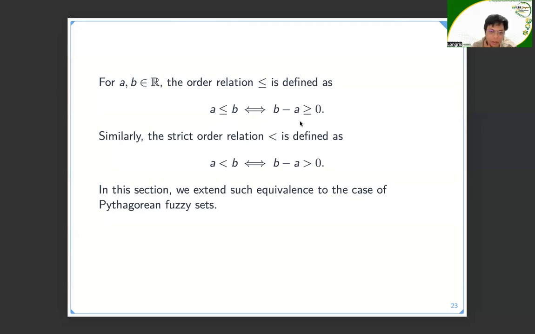Similarly, the strict order relation less than is defined as A less than B if and only if this difference is positive. In this section, we extend such equivalence to the case of Pythagorean fuzzy sets.